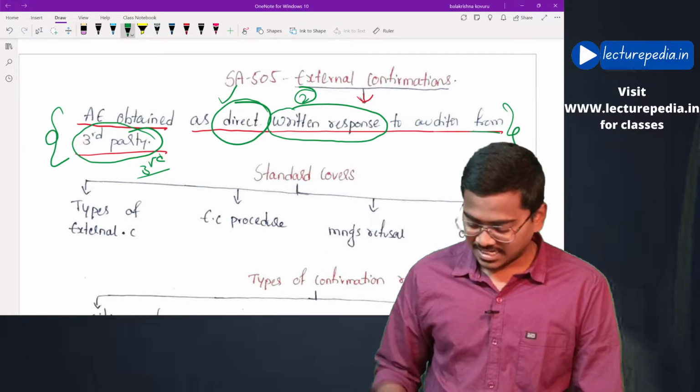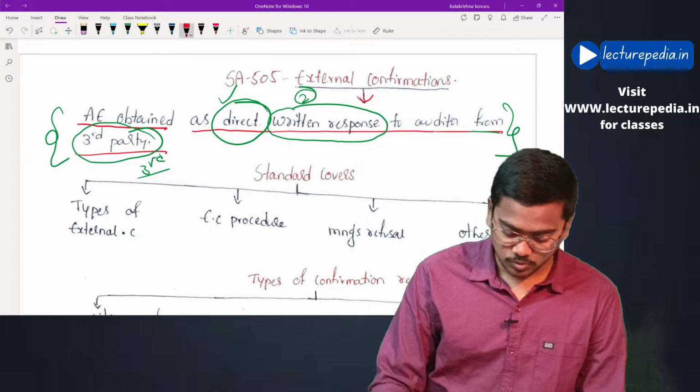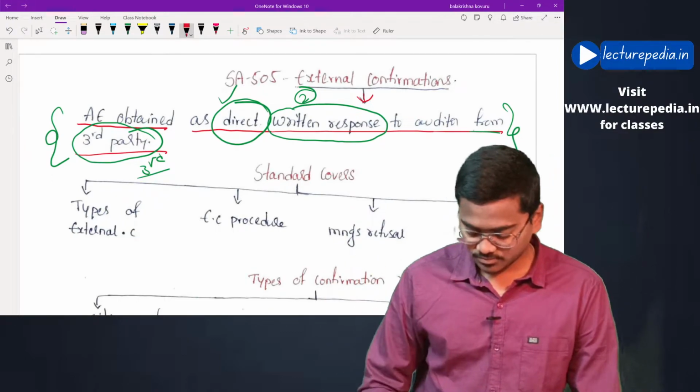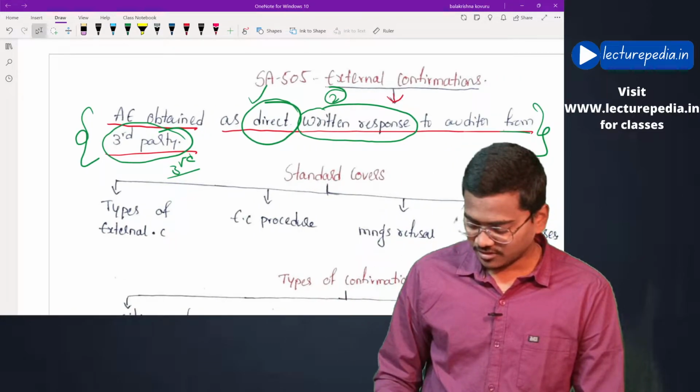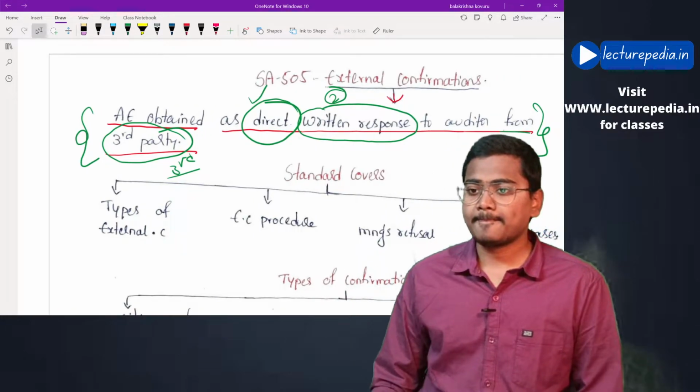Now in this standard, I have divided the standard into 4 parts.